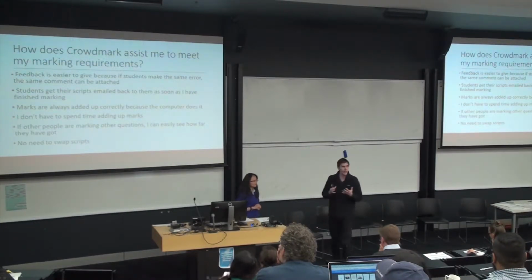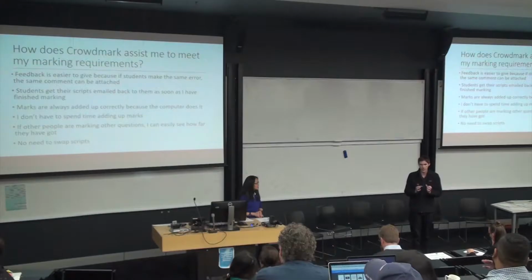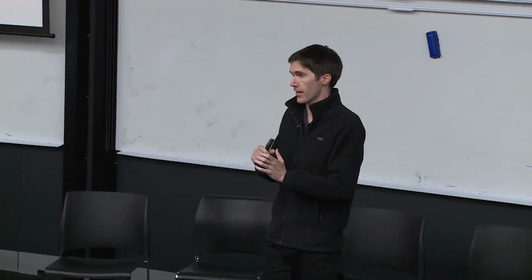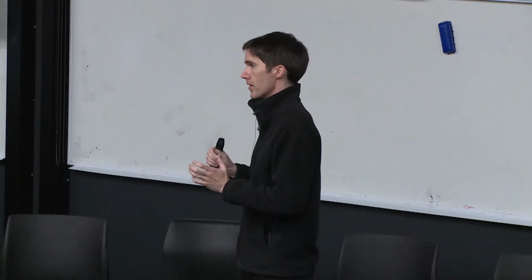So what I've found with CrowdMark is that I'm able to give better feedback, because in X amount of time, the number of words of feedback that I can deliver through using CrowdMark is much greater than if I was physically writing those comments.